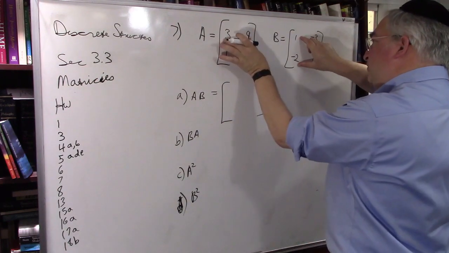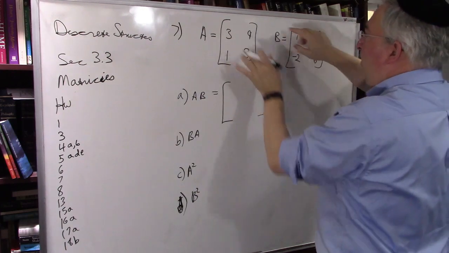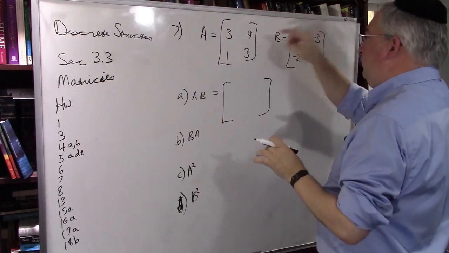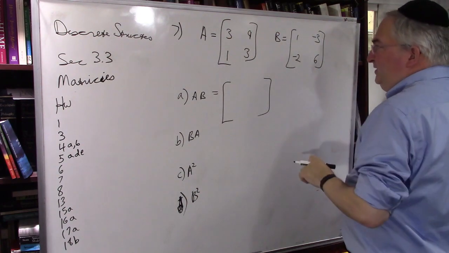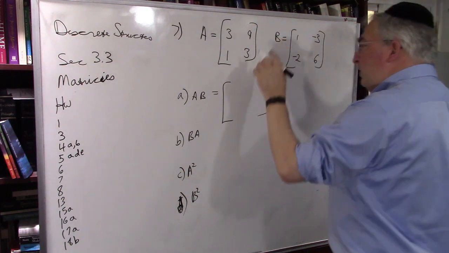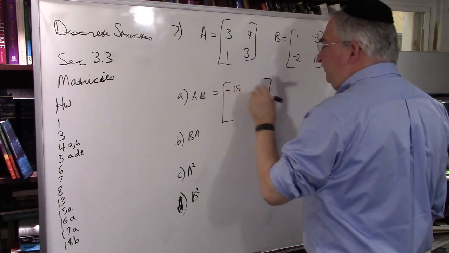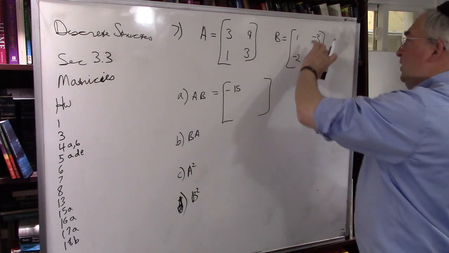First row, first column: 3 times 1 plus minus 3 times 6 is minus 18, so minus 15.